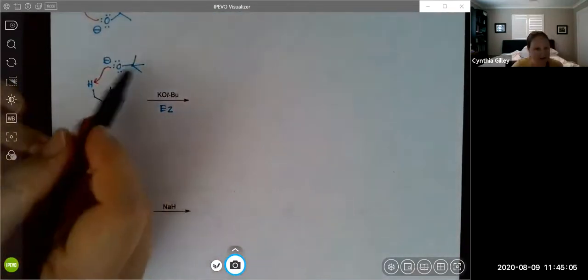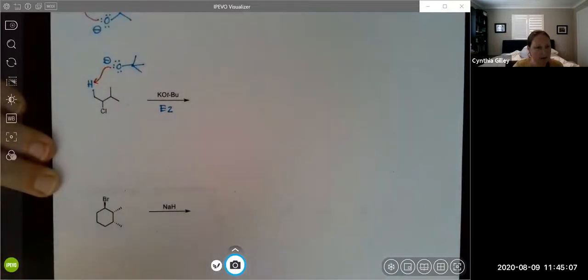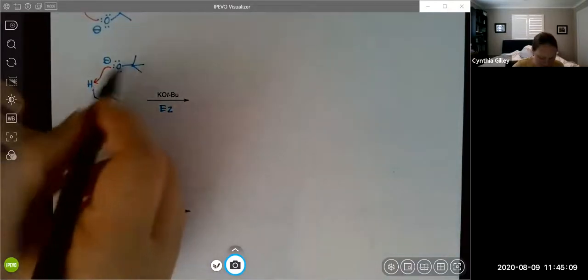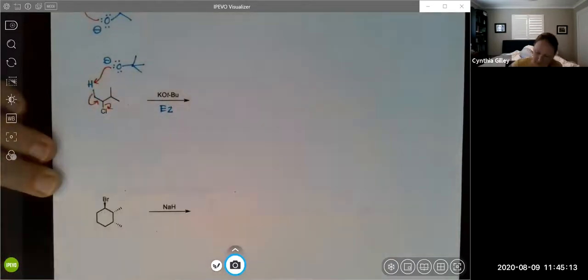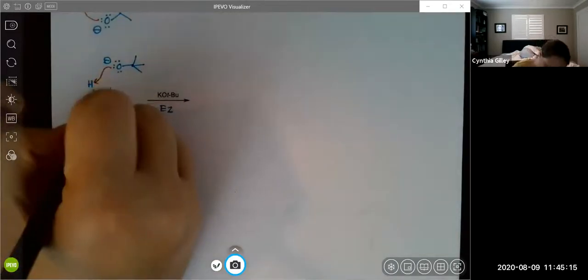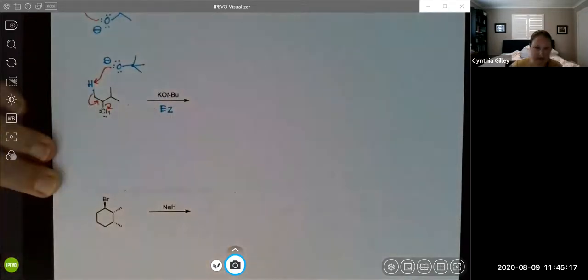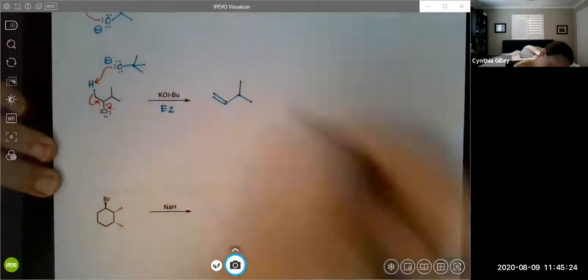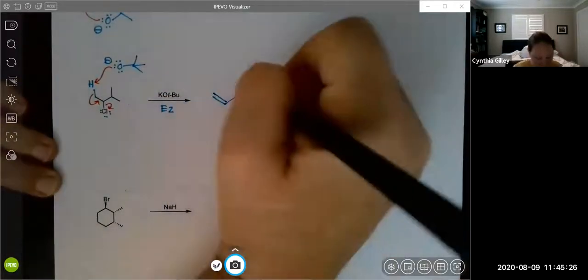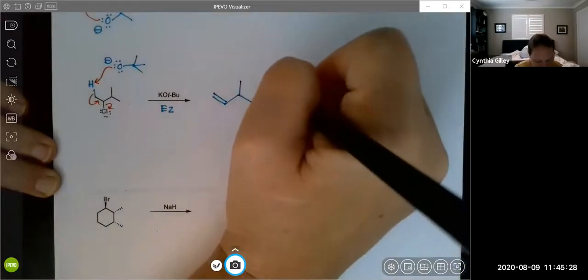And it happens this way because it's a much faster pathway for it to remove a much less sterically hindered hydrogen. Right, and again, it's E2, so everything is happening all at once. Right, so we're going to get the Hofmann product.